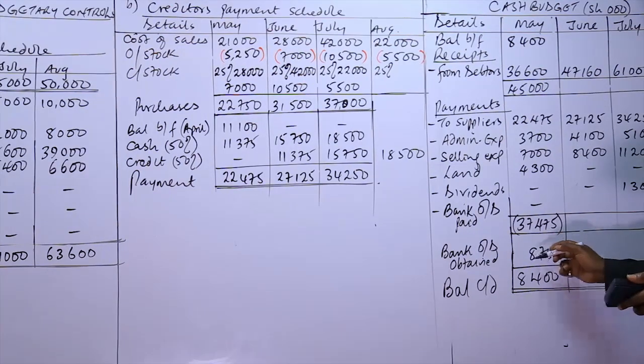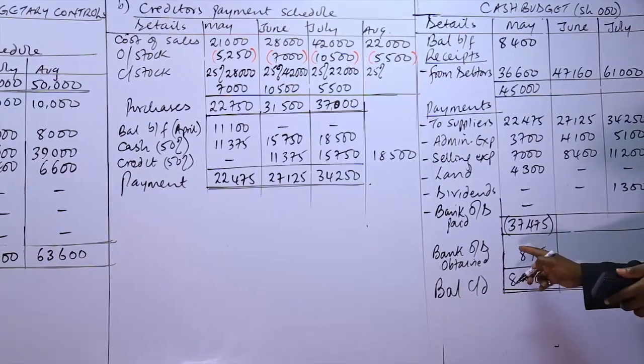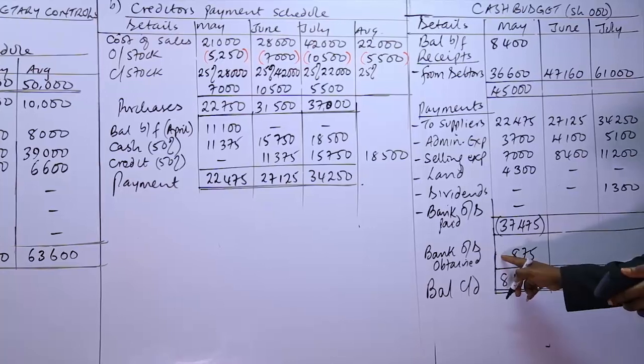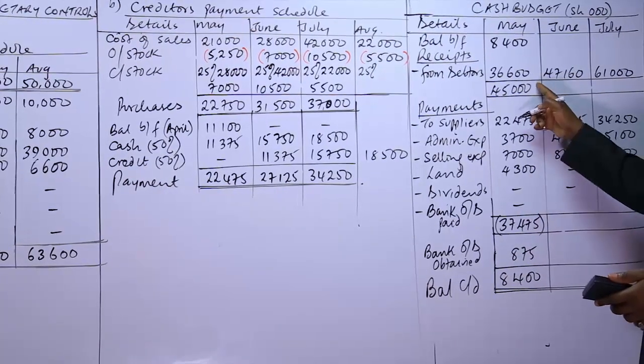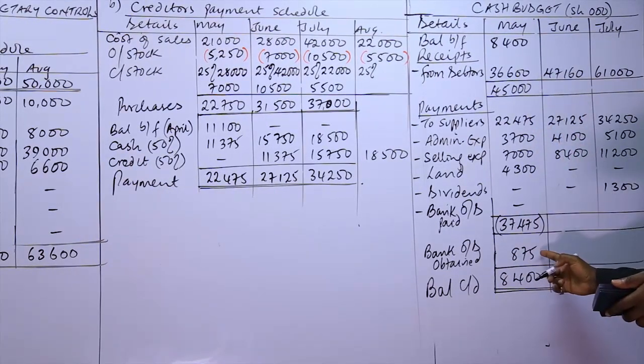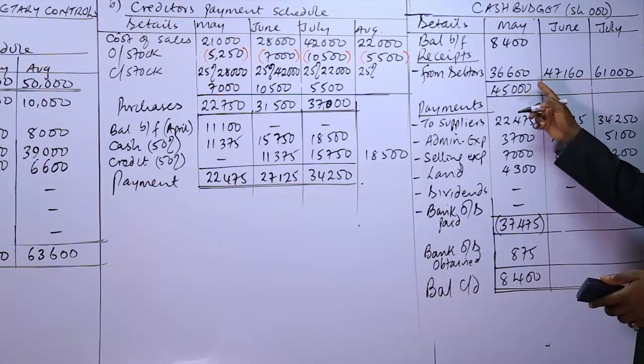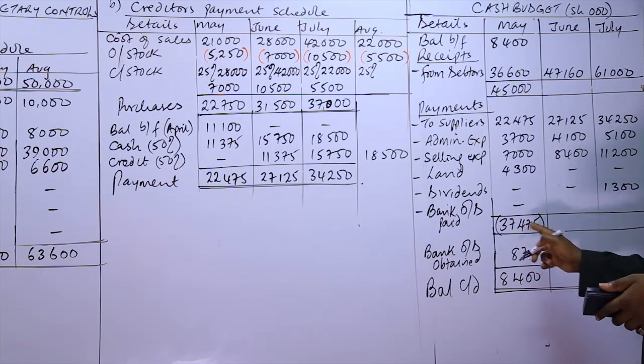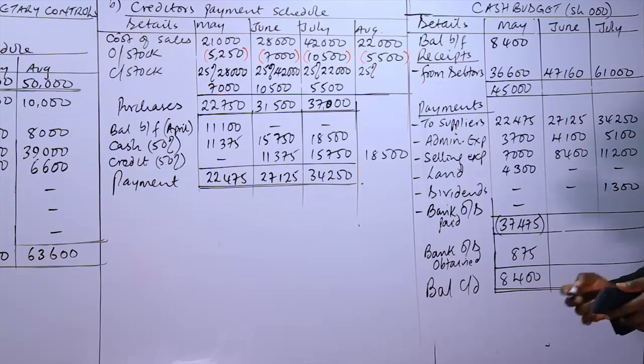That means if you take 45,000 and add 875, you shall get 45,875. Now when you offset the payments, the balance will be 8,400.